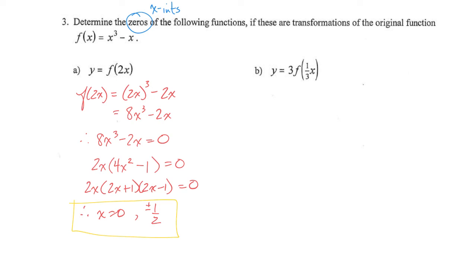So what I'm going to do is put down a quick set of axes because the question asks me to determine the zeros of the function. So what that might mean is, well, if I could find the zeros of the original function, then I could just do my transformation to it and see the result. Well, in order for that to happen, I do have to deal with a little bit of algebra. I have to find my zeros of my original graph.